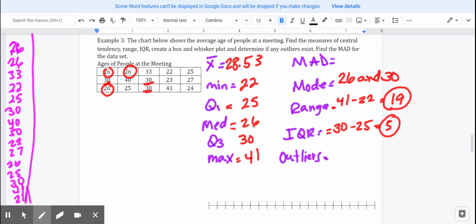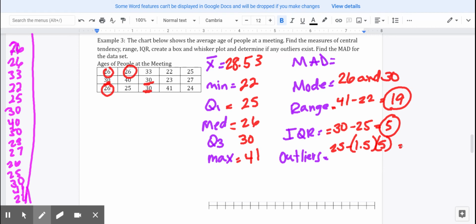Now remember, there's two formulas we have to use when testing for outliers. The first one is for a lower fence of the outlier, so I'm going to use Q1, which is 25. I'm going to subtract that by 1.5 times the IQR, which was 5. Remember, 1.5 represents a box and a half away from our data. For it to be significantly different, it has to be under the box and a half.